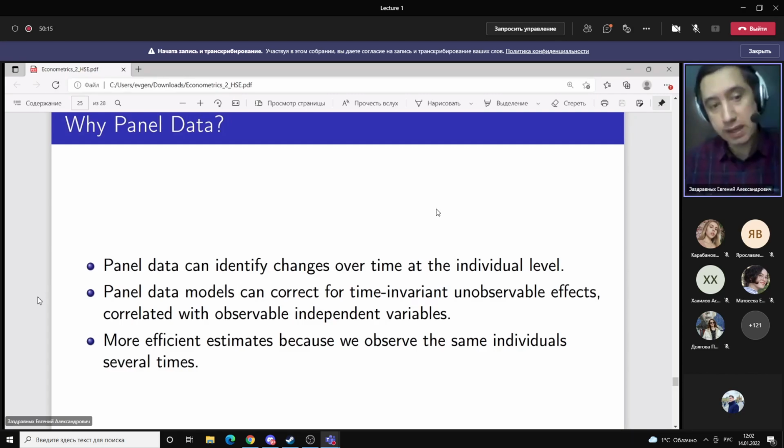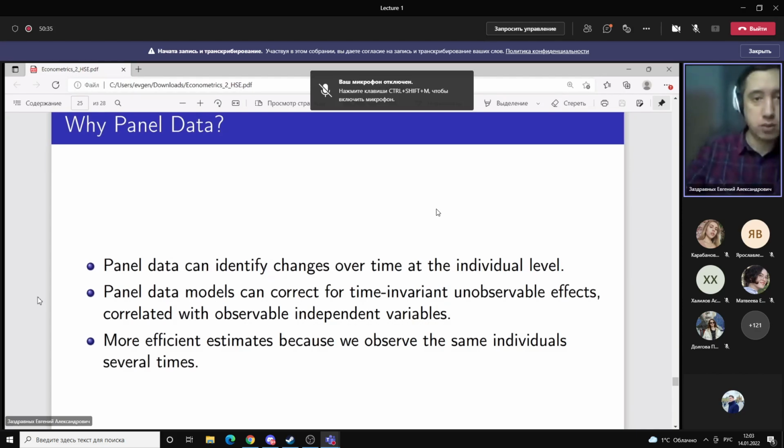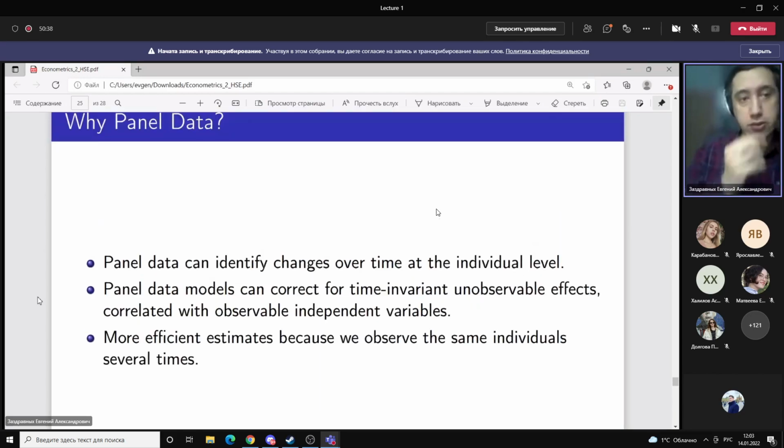And finally, we can obtain more efficient estimates because we observe the same individual several times. What does more efficient estimates mean? Our estimates, our betas, could be more accurate if we work with panel data than with cross-sectional data. For sure, there are some disadvantages, but we will speak about them later, not today.